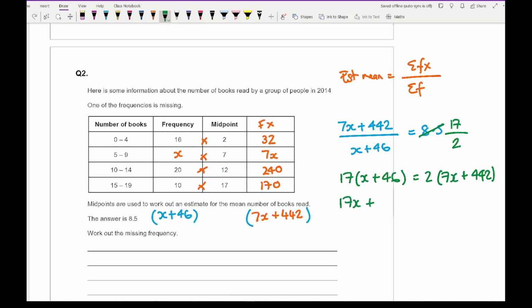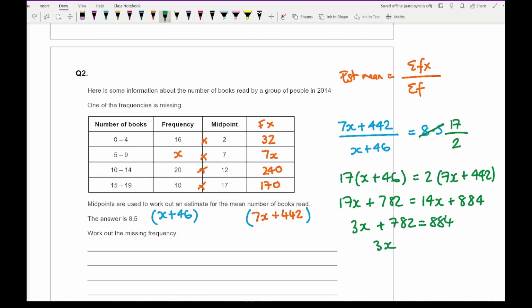17 times 46, which gives you an answer of 782, equals 14x plus 884. Then taking the smallest amount of x's from both sides, which is going to be 14x, I'm left with 3x on this side plus 782 equals 884.